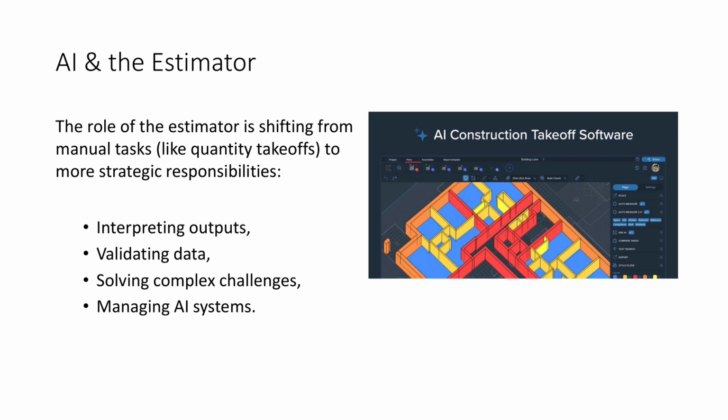But right now, AI is doing a lot of that work. So the role of the estimator is changing a little bit, from somebody who spends a lot of time on quantity takeoff to someone who is now more focused on strategy and taking on other parts of the work, like working with data to make sure the cost data and equipment data are valid and accurate, or solving other complex challenges that might come with a project.